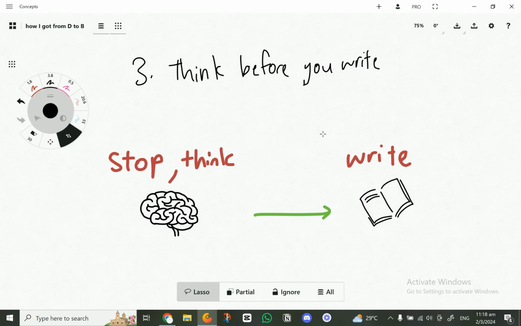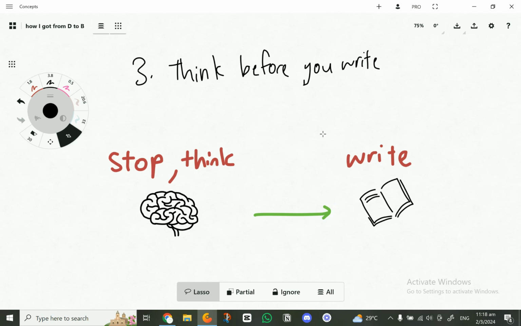The teacher does not know what prior knowledge you have, so it is packaged in a way that makes more sense to the teacher but less sense to you. So what you're supposed to do is not copy down word for word, but repackage it and make it your own. And it is near impossible to do that if you don't stop and think, because you're just going to write word for word.